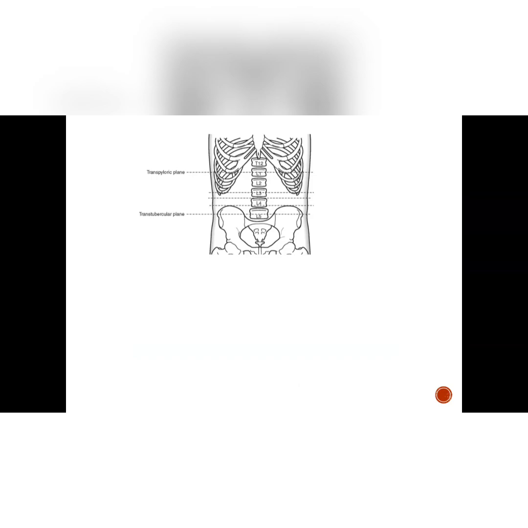In order to learn these regions, we need to learn 2 horizontal and 2 vertical planes. The horizontal plane passing through the level of the L1 vertebra is the transpyloric plane. Another horizontal plane which passes through the tubercle of the iliac crest at the level of L5 is the transtubercular plane.